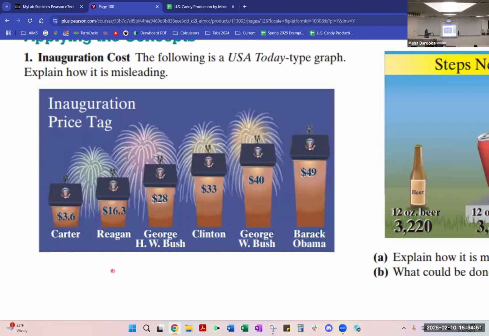And you can see we're going from Carter to Reagan, George H.W. Bush, Clinton, George W. Bush, and then of course Barack. We don't have the year, okay.